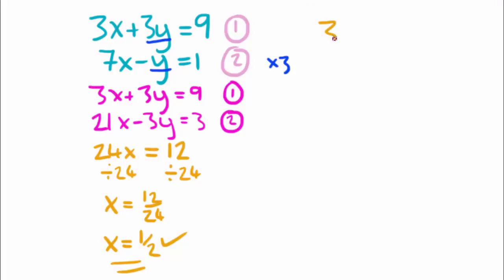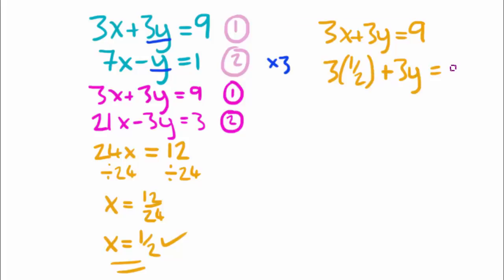So if we say 3x plus 3y equals 9, if x is a half, so that's 3 halves plus 3y equals 9. So that's 3 over 2 plus 3y equals 9.